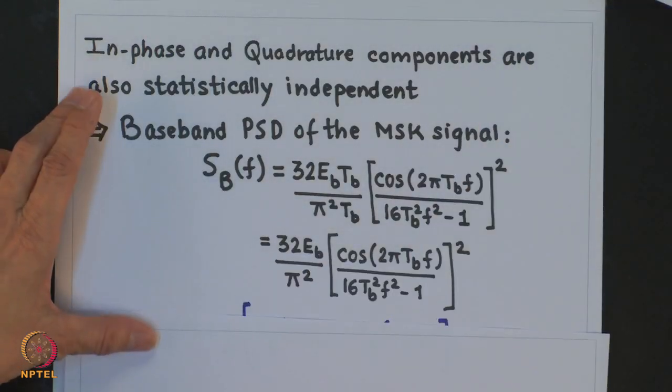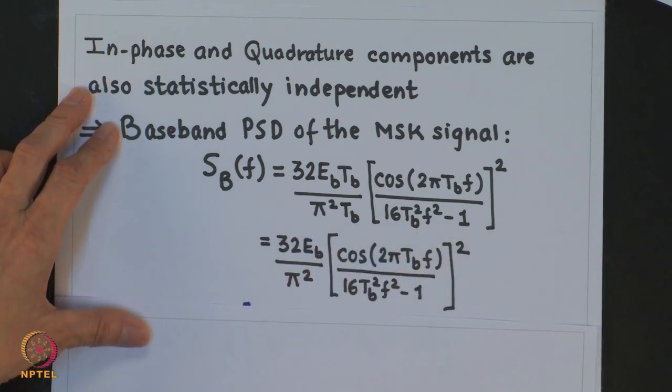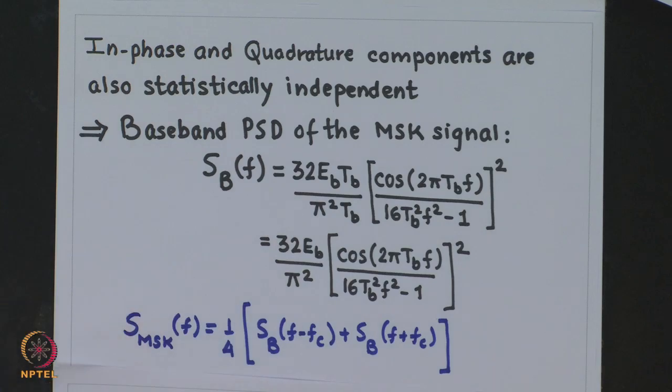So, we get this expression out here, and once we have this, we know how to translate it to the carrier wave by using this expression. And here is the plot of this power spectral density which is being shown here.